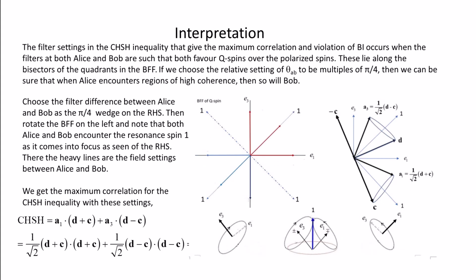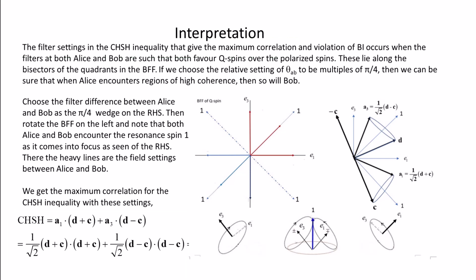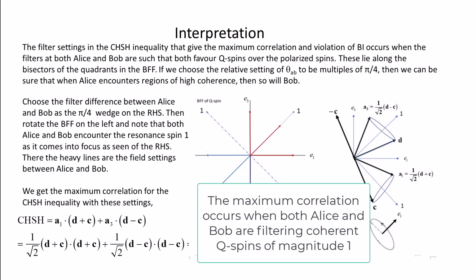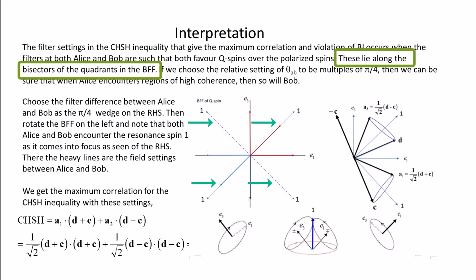With this, we can understand the filter settings in the CHSH inequality that give the maximum correlation and violation of Bell's inequalities. This occurs when the filters at both Alice and Bob are such that both favor Q spins over the polarized spins. These lie along the bisectors of the quadrants in the body-fixed frame.